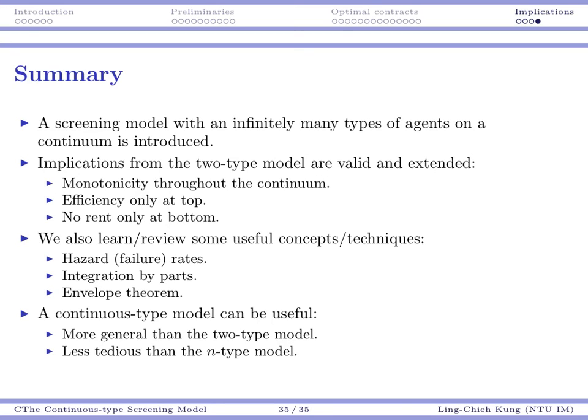A continuous type model can actually be useful when you do research because, as you can see, it is more general than the two-type model, and it's much less tedious than the n-type model. When you have n types, your calculation or derivation would be very messy because when things are discrete, you just need to deal with them one by one. But when things are continuous, calculus can really help you a lot. Your derivation would actually be clearer.